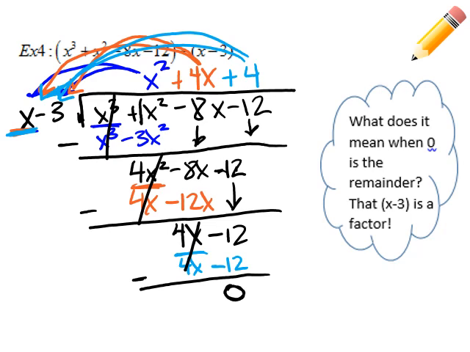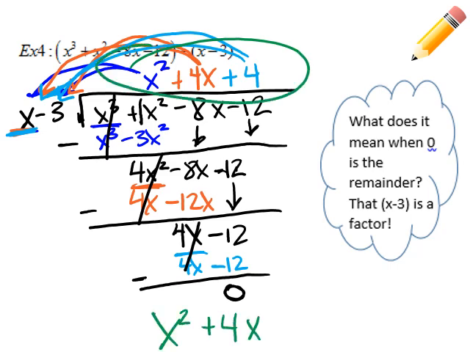It's nice and convenient. So first of all, let's start off by writing our quotient of x squared plus 4x plus 4. So what that means is when you have a remainder of 0, it means that x minus 3 is a factor of that polynomial.